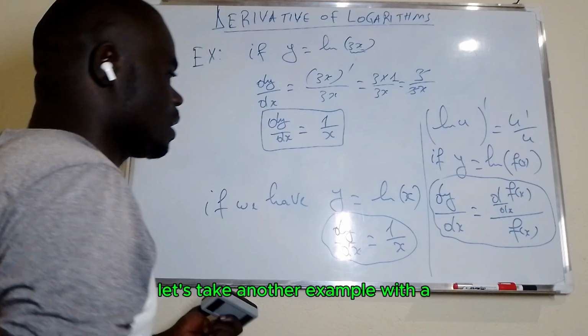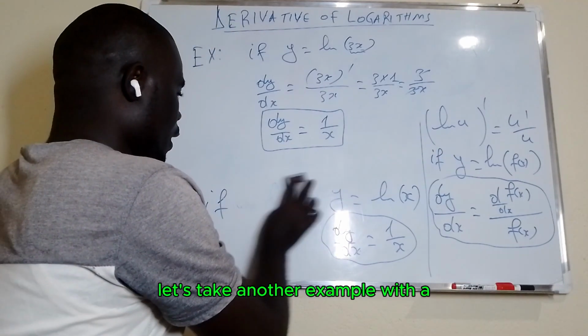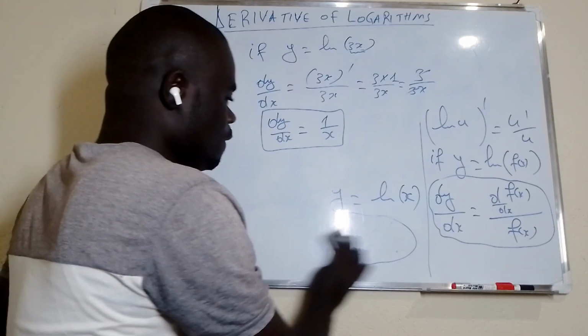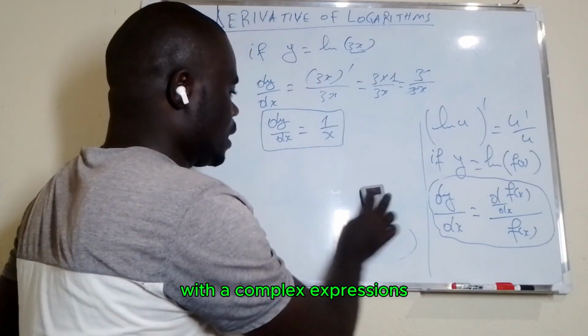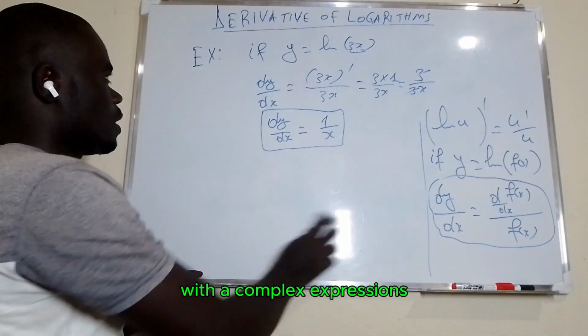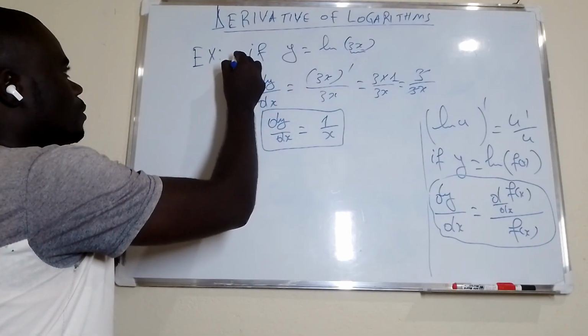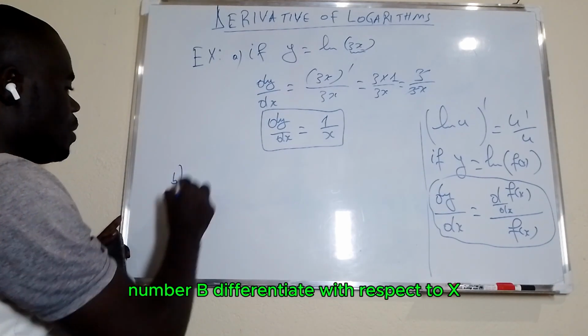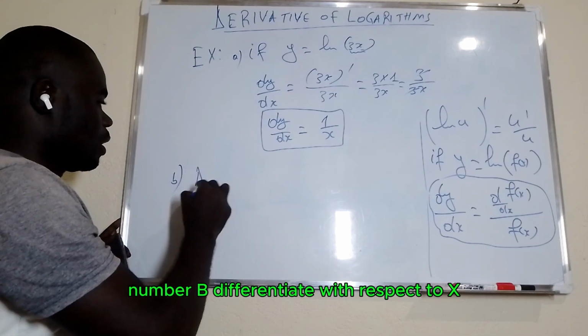Let's take another example with a complex expression. Number B: differentiate with respect to x.